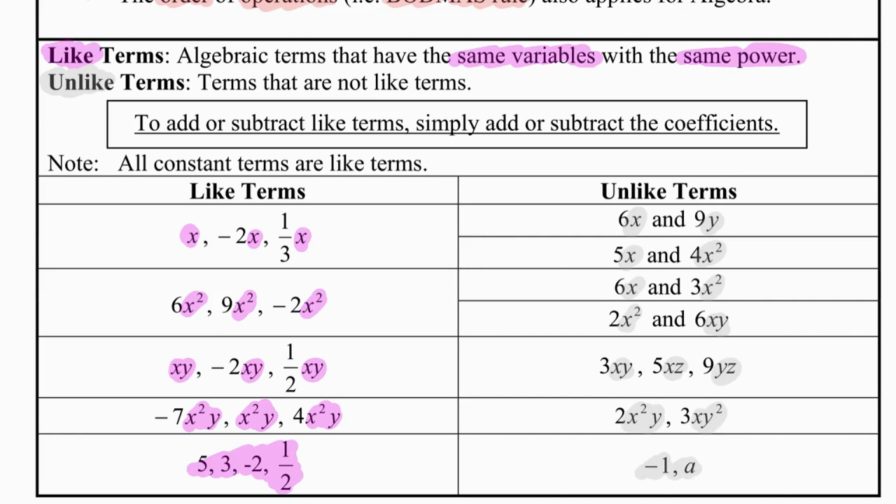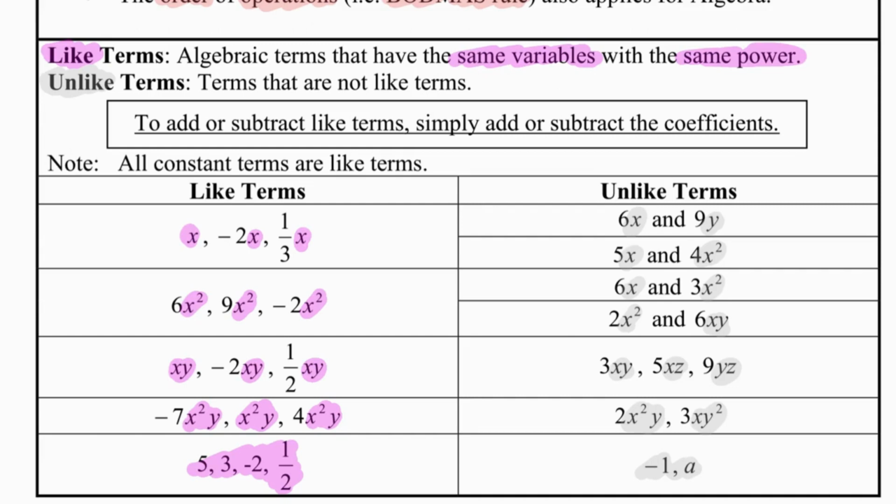And the last part for us to take note of would then be how do we perform operations on like terms? We don't perform operations on unlike terms.